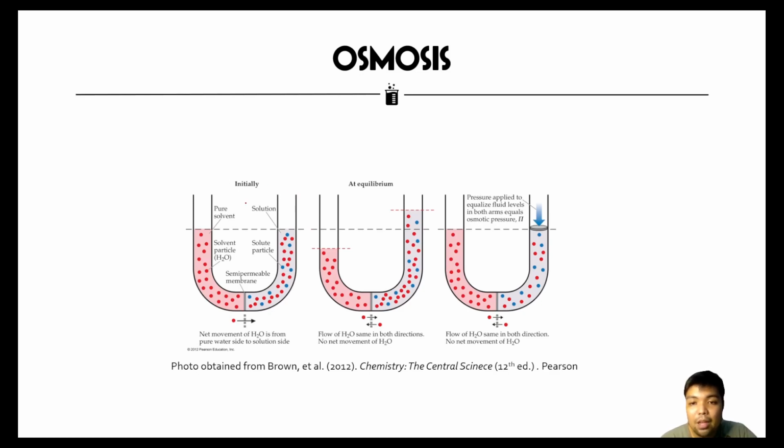Now, let's say you want to bring it back to the initial state. What you will do is apply an external pressure on the solution with a higher level, so that you push the water molecules that previously diffused from the left side to the right side, and make them return to the left side of the membrane, where the lower solute concentration was initially located.